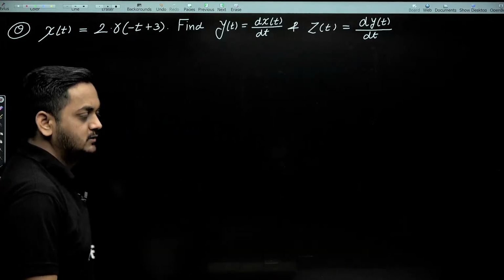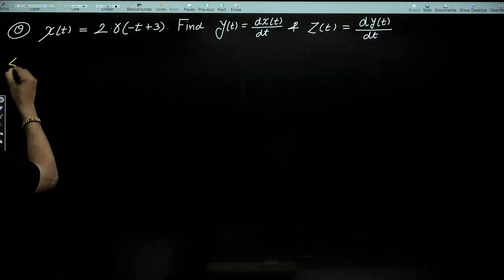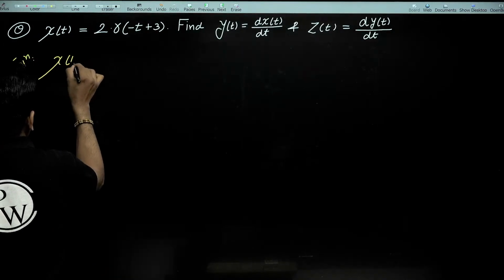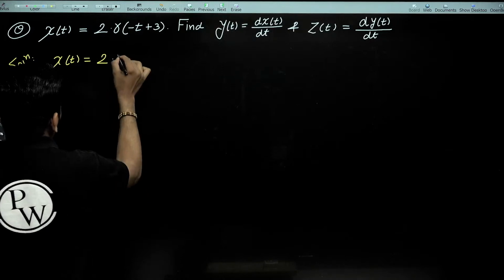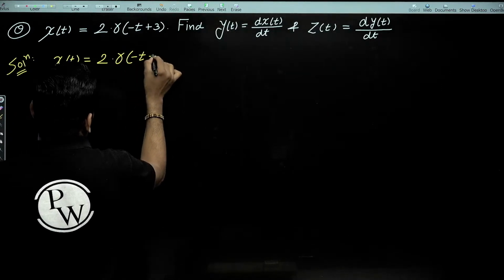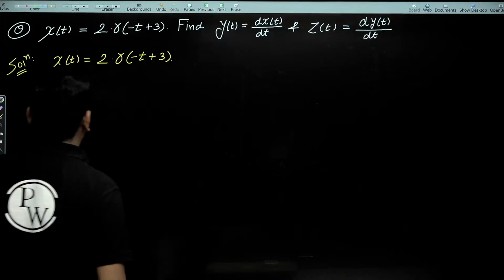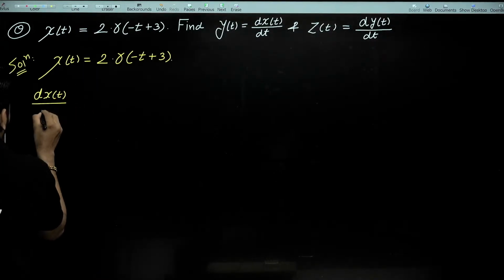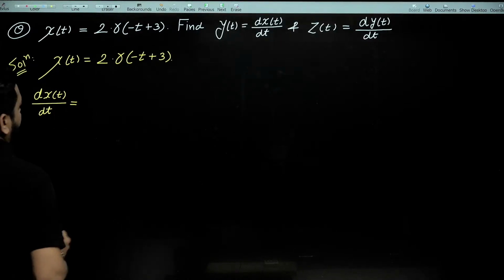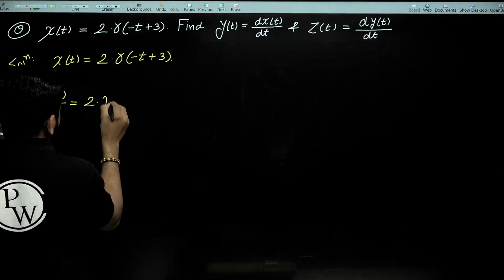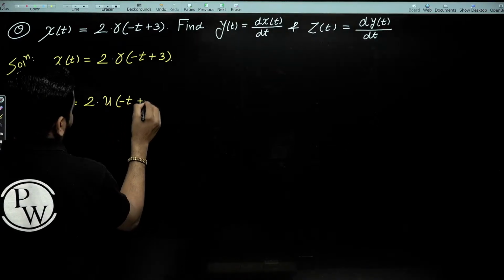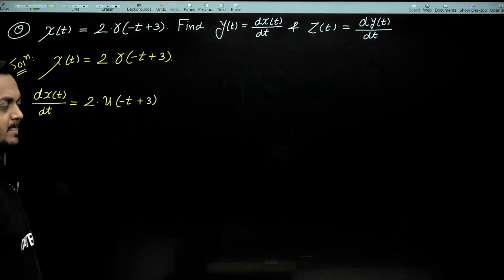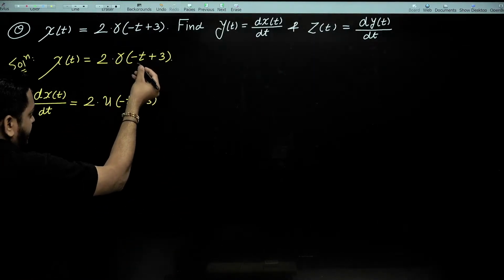So x of t is given as 2 r of minus t plus 3. Differentiation of the ramp function is the unit step, and again you have to differentiate the inner minus t with respect to t.